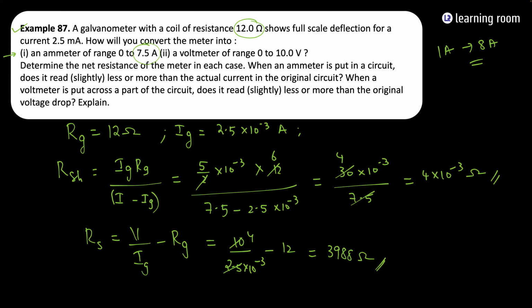So in this class, when an ammeter is put in a circuit, we connect this ammeter in series. When an ammeter is put in a circuit, does it read slightly less or more than the actual current in the original circuit? Suppose there is a circuit in which a current of 2 ampere is passing.